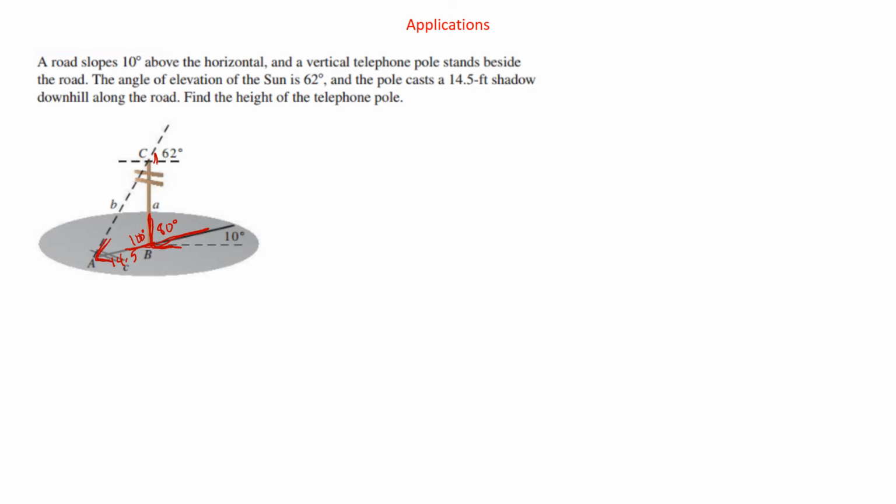So we could subtract the 10 degrees from that, from the slope of the road. So this will be a 52-degree angle. Which means we can find this angle with subtraction. So 180 minus 100 minus 52 is going to be 28.